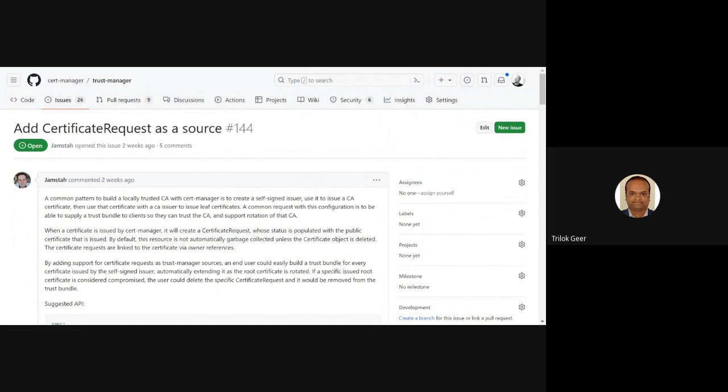So a generic integration would be better, is what I feel. Or maybe just let the CA issuer manage rotating the intermediate CAs and trigger reissuance, right? Just like how we renew certificates right now. Yeah, I'm just curious what you guys feel about this suggestion that was posted in the comment on the issue.